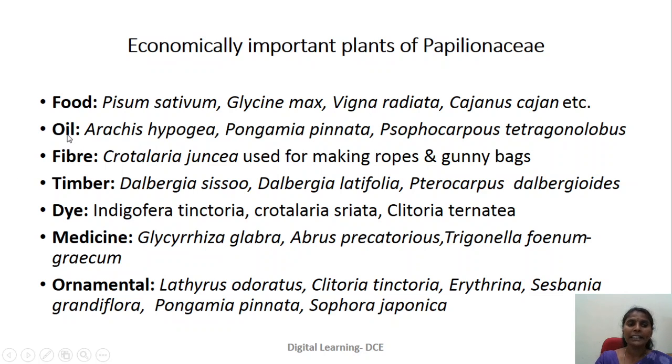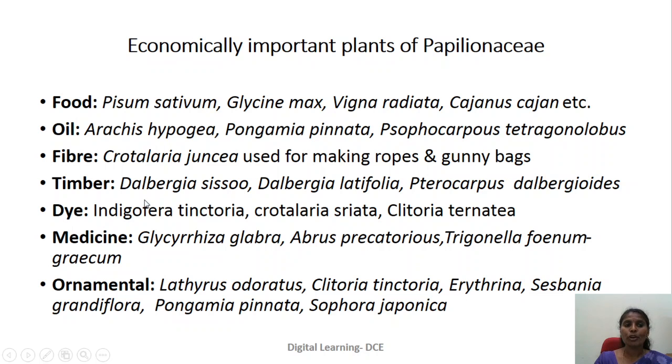Then coming to the oil yielding plants of the family, that is Arachis hypogaea, commonly called groundnut. It yields an edible oil, which is used for cooking purposes. And the oil extracted from Pongamia pinnata seeds is used as a lubricant and also in soap making industries. The plant like Crotalaria juncea, commonly called sun hemp, yields fiber which is used for making ropes and gunny bags.